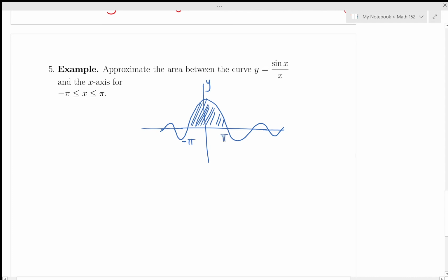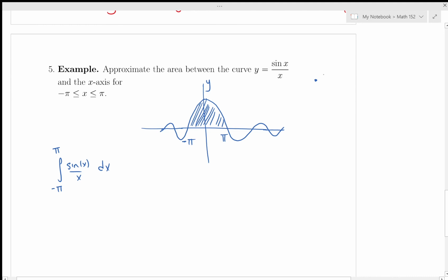And we know how to do this actually. What we're being asked is to find this integral, the integral from minus pi to pi of sine x over x dx. Already we have tactics for this from earlier in the course, so you could remind yourself of those.